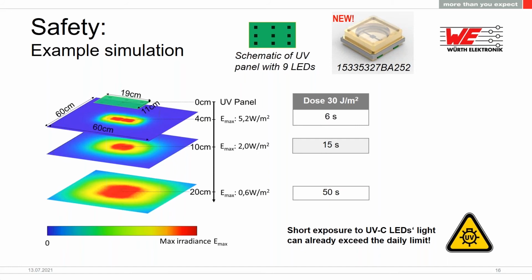While when you're only 4 centimeters away, you only need 6 seconds of exposure to get this maximum dose. But if you get even closer, you might even be able to get it in below a second. So actually, even short exposure to UVC light is dangerous and can already exceed the daily limit. So you have to be really careful with this.